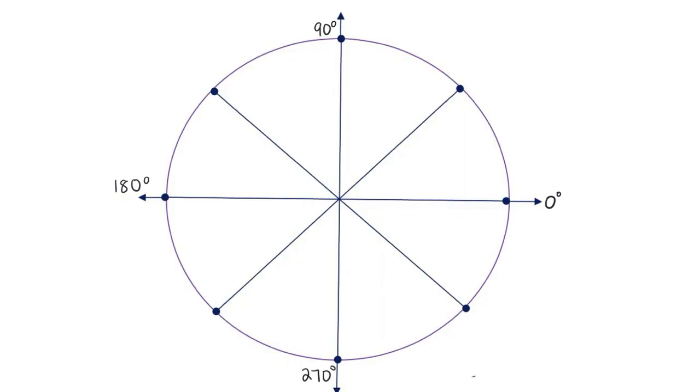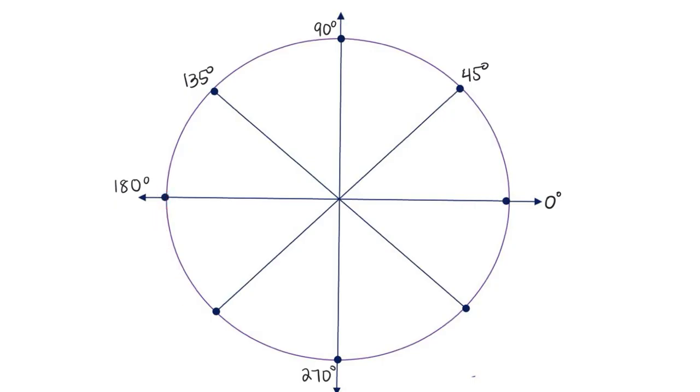Okay, how about the points in between? This is going from 0 to 90. So if I'm halfway between 0 and 90, that's 45 degrees. Okay, so this is 45. If I add 45, I get 90. If I add 45 again, I get 135 degrees. If I add 45 again, I get 180.